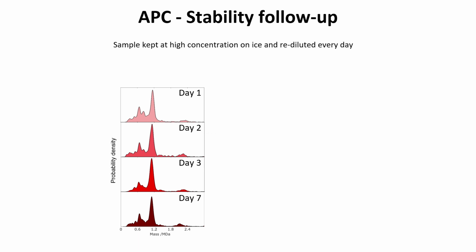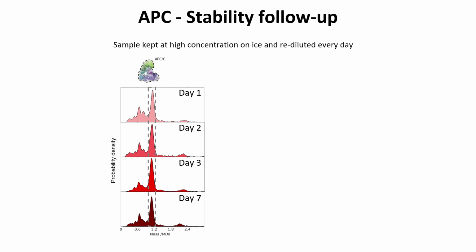So what we did is we took a sample, we kept it at high concentration on ice, and we diluted every day. We did it for several days. Here you can see day 1, day 2, day 3, and day 7. And here you can see the full complex, and if you keep it at high concentrations, it's quite stable for at least a week.